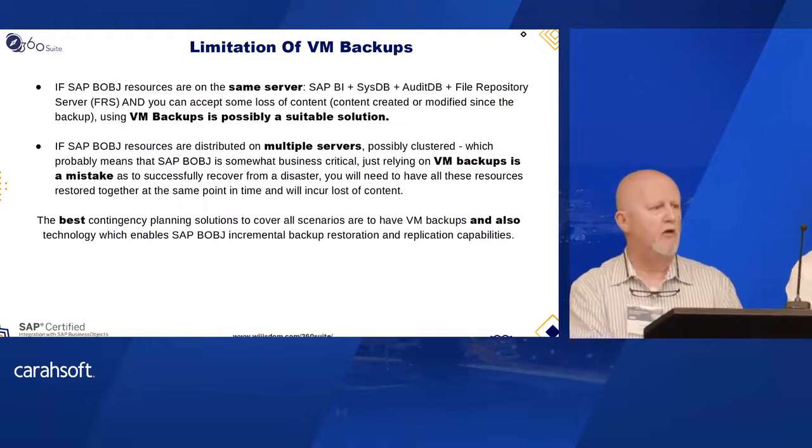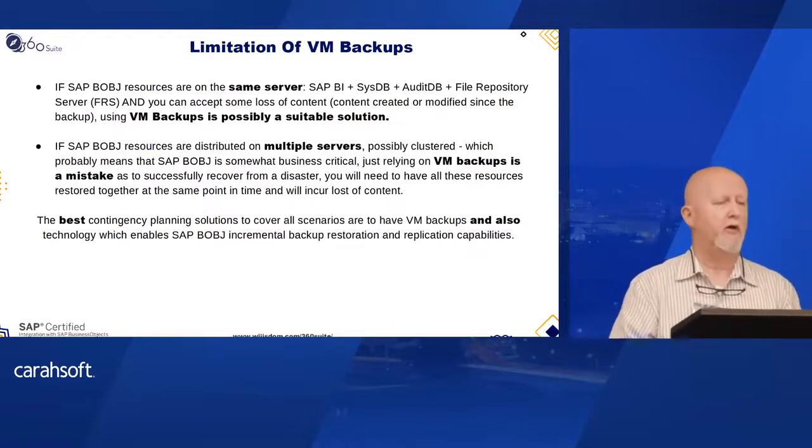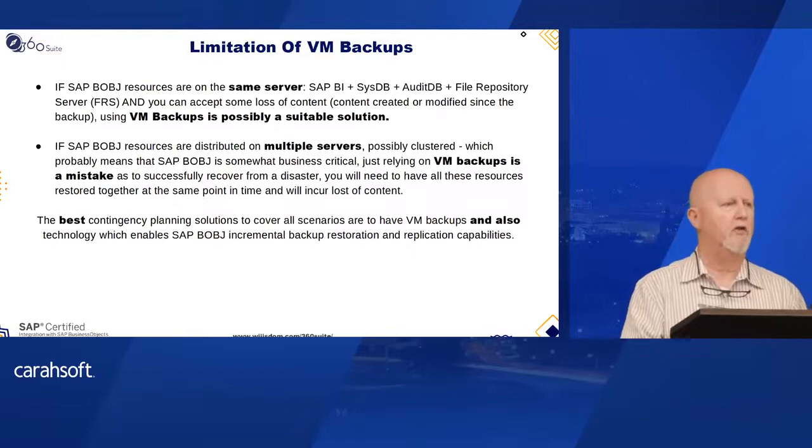VM backups are nice, and that is supposing you have everything in the same VM, which is not always the case. But even so, if anything gets corrupted, the corrupted version will be backed up. And if you restore that, you're not any farther than you were before the problem. That's why you need a true backup solution that validates that and has multiple versions of each object. Plus, that type of backup covers only a complete disaster.